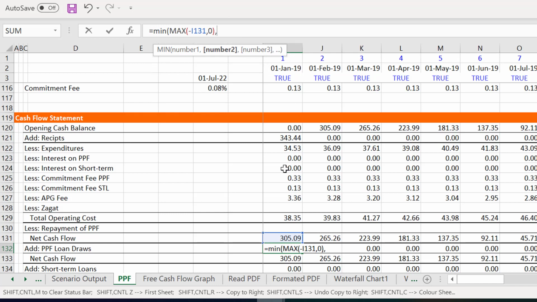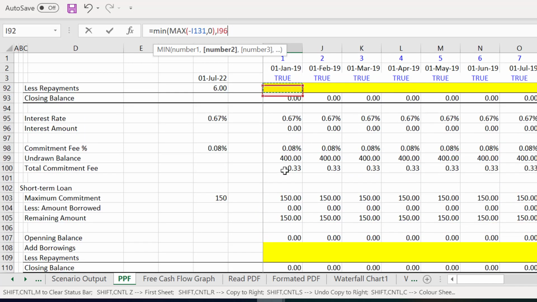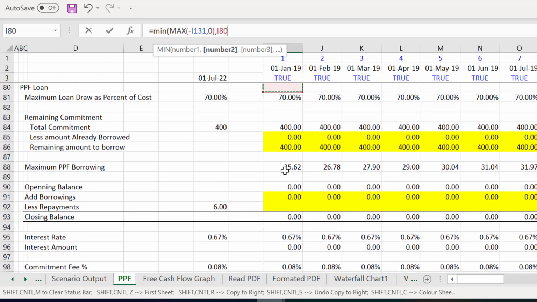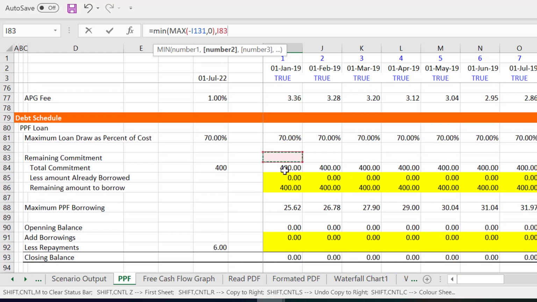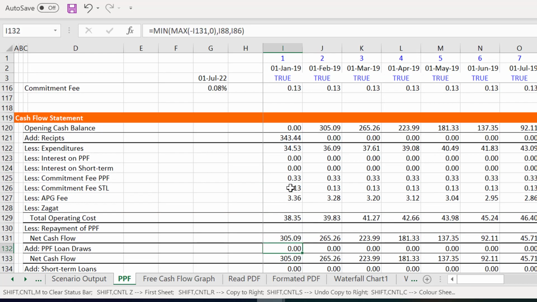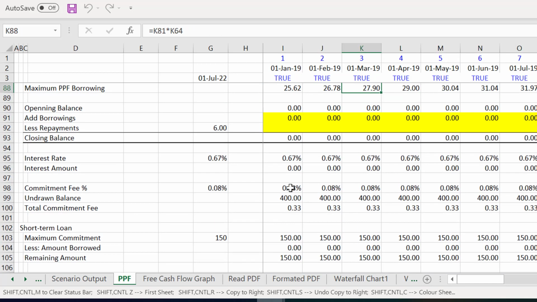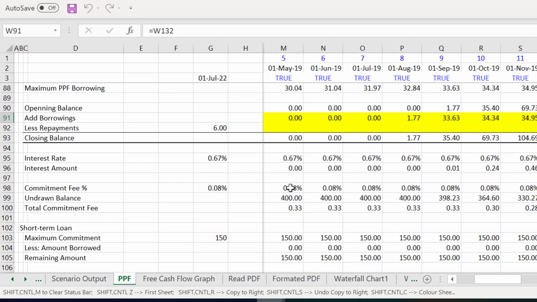And this is why I made the video, to show you how to set up a nice little cash flow waterfall where we have this minimum and this minimum. So we get the smallest of all those three things, and that determines how much you can borrow. Okay, and now let's see if it worked. All right, let's go forward.